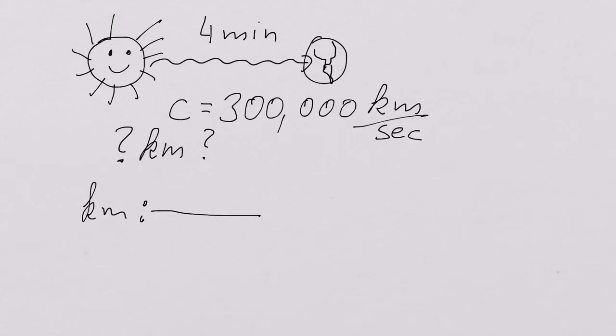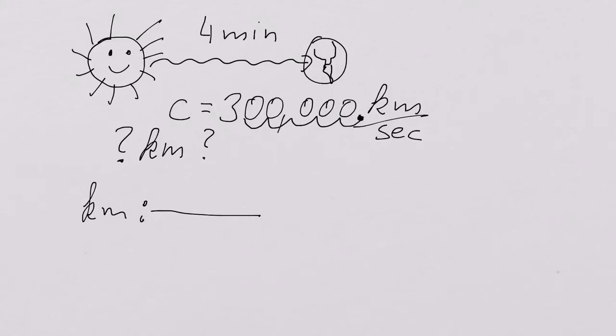300,000. Can I actually write this as a power of 10? How would I write this? I do a decimal point after the last significant zero. So it would be 1, 2, 3, 4, 5.